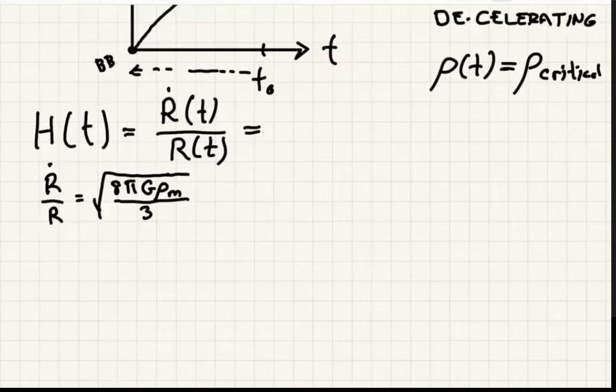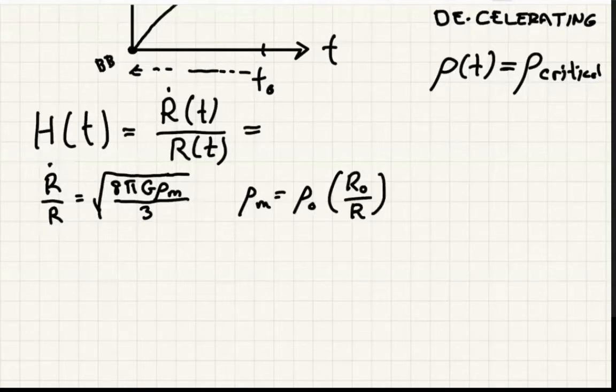If rho is matter dominated, then it must spread out as r to the minus 3. So if r0 and rho 0 refer to the current values of these numbers, then that's the formula for how they evolved back in time.